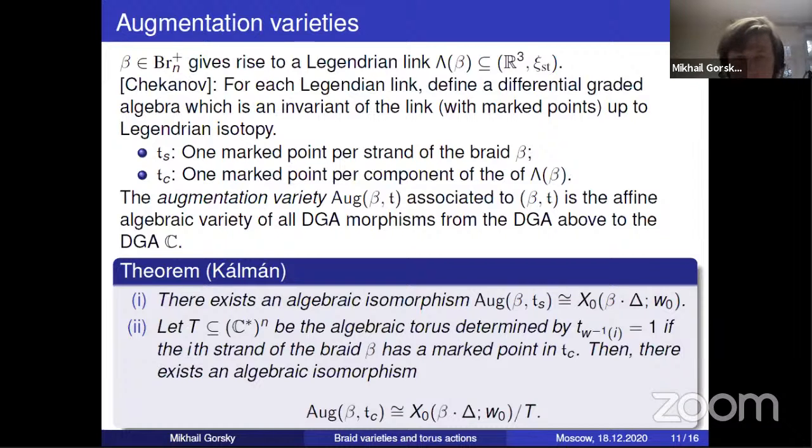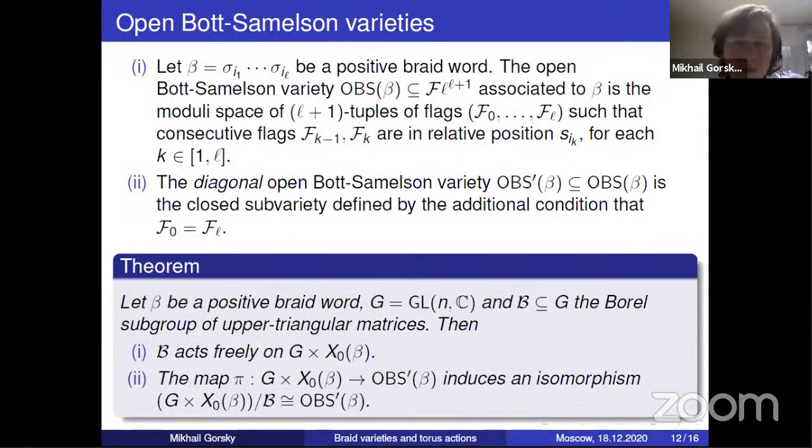So this is the Legendrian story, maybe the link story, and there is also a story from Lie theory, namely one kind of flags, so-called open Bott-Samelson varieties. If we have a positive braid word, then in the flag variety there are various subvarieties. In particular, we have the open Bott-Samelson variety, which is a moduli space of tuples of flags such that consecutive flags are in relative position s_{i_k}, and it means that everything before i_k is the same, everything after i_k plus 1 is the same, but in the kth entry we have a different flag.